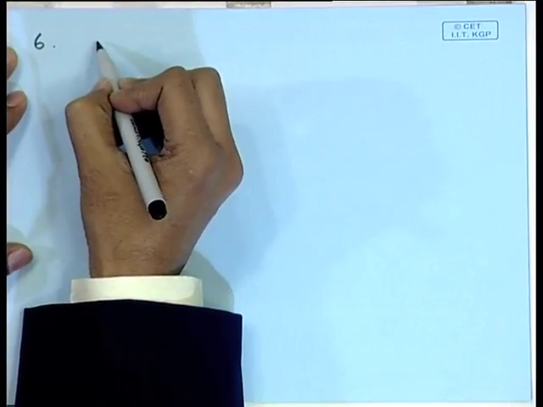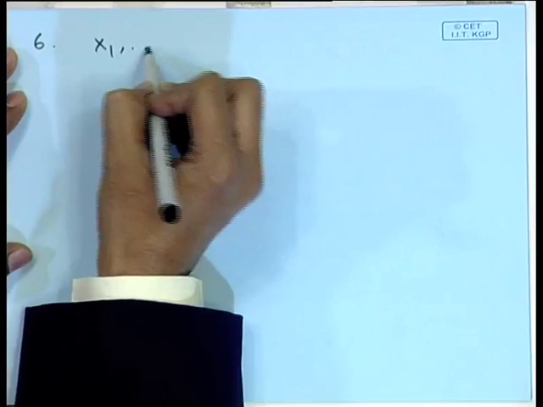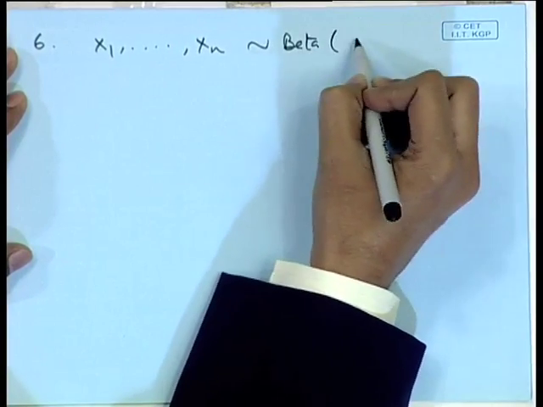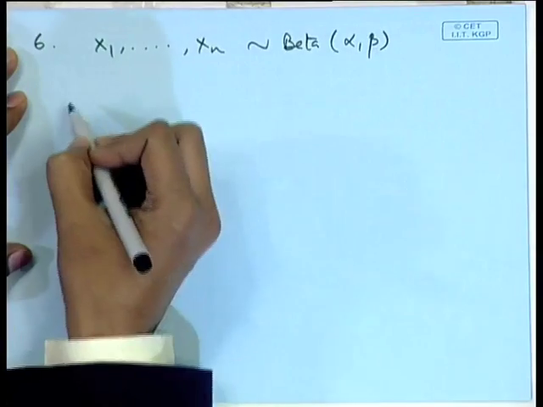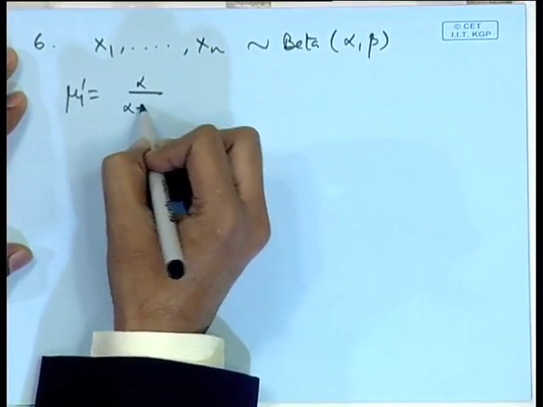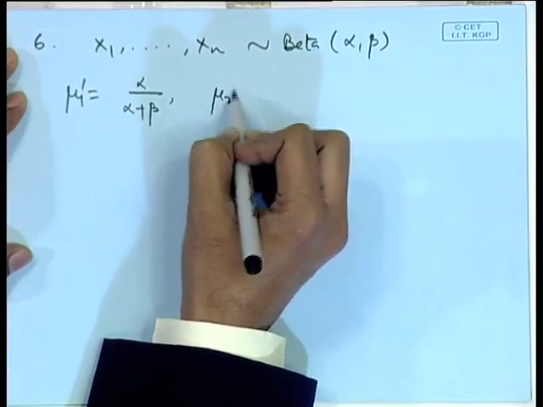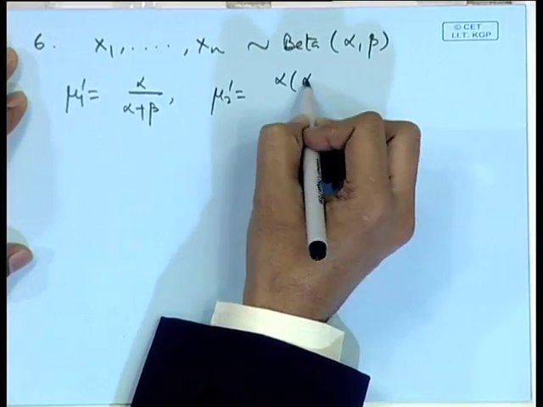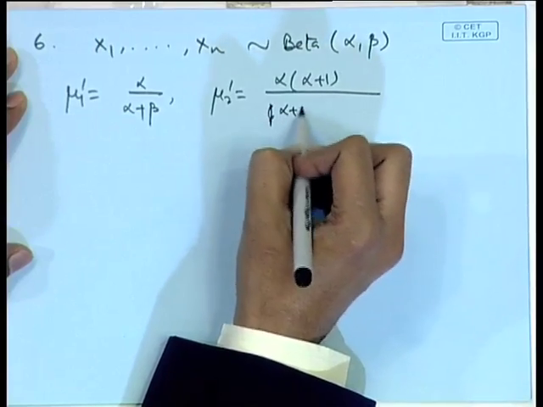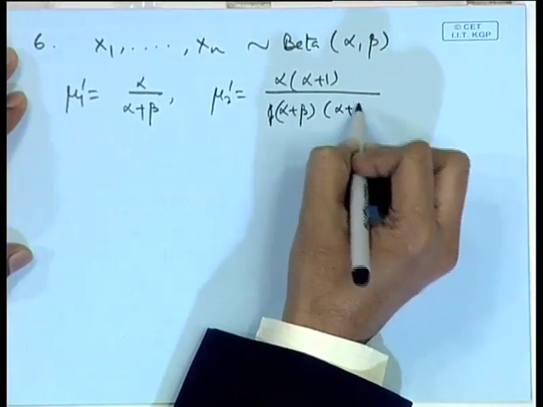Let us take say the beta distribution, x 1, x 2, ..., x n follow a beta distribution with parameters say alpha and beta. Here mu 1 prime is equal to alpha by alpha plus beta, and mu 2 prime is equal to alpha into alpha plus 1 divided by alpha plus beta into alpha plus beta plus 1.